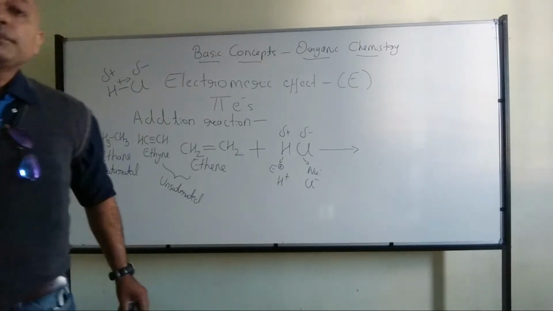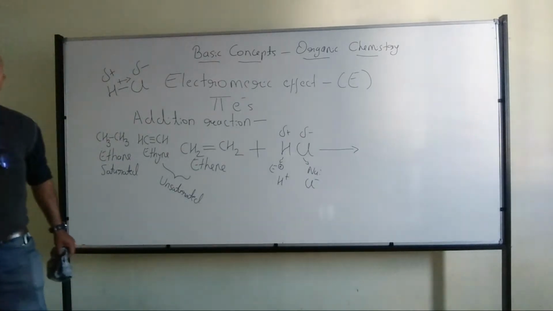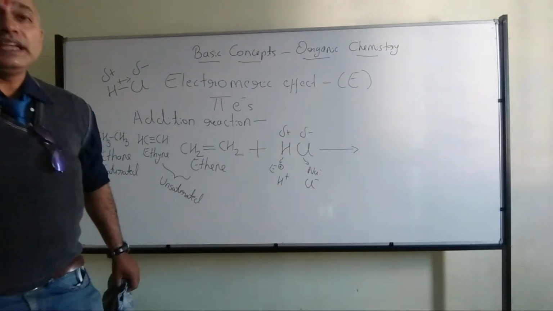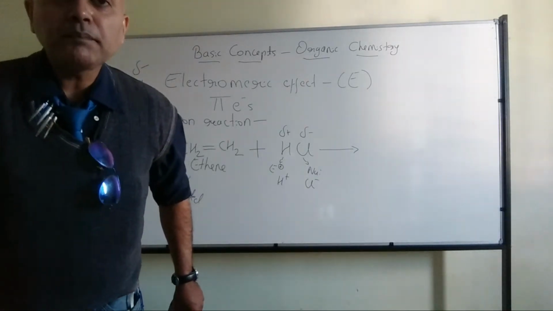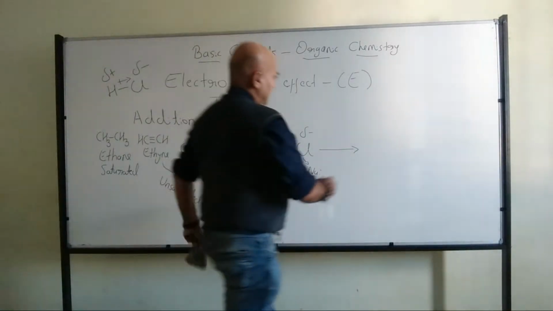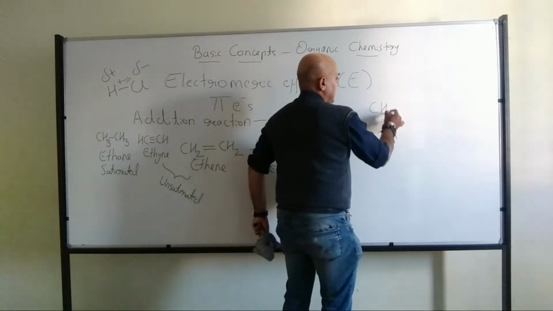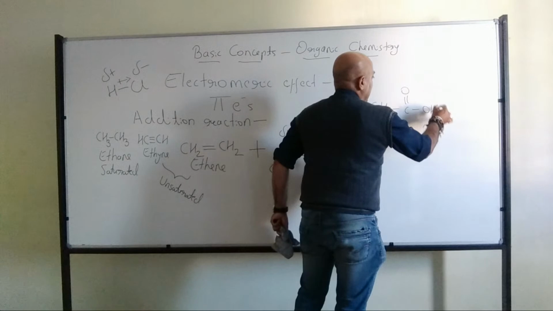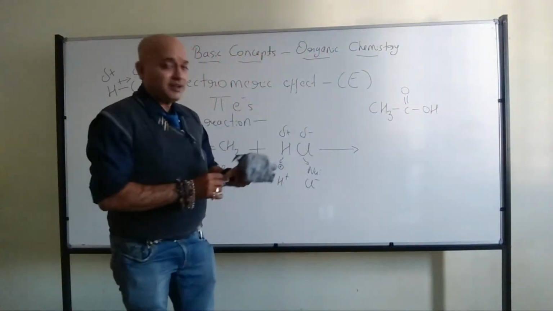So what I mean to tell you is, listen to me carefully, for any organic compound, if between the carbons there is a presence of pi bonding, that is the presence of pi electrons, a double or triple bond. Once again, please remember, acetic acid is not an unsaturated one.